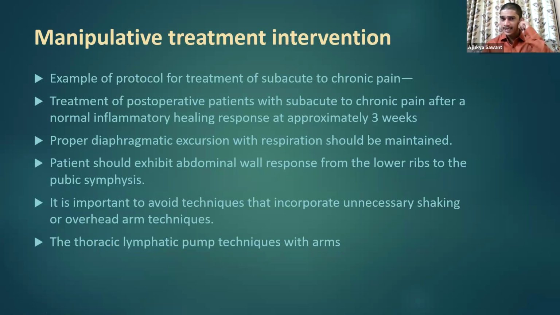Proper diaphragmatic excursion with respiration should be maintained. The patient should exhibit an abdominal wall response from the lower ribs to the pubic symphysis, that is, the abdominal breathing pattern is to be improved in these cases. It is important to avoid techniques that incorporate unnecessary shaking or overhead arm techniques.